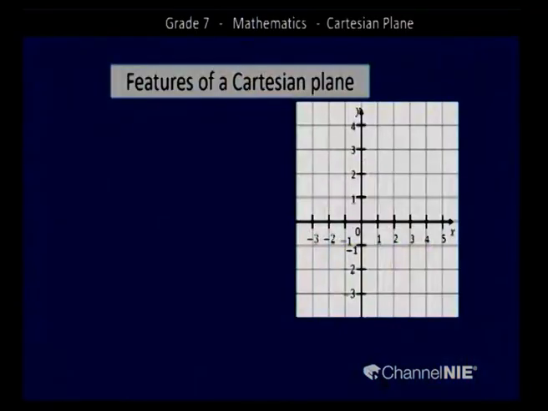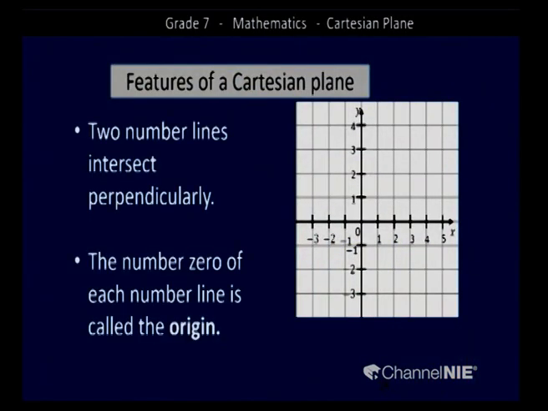At the beginning, I thought of telling you the features of a Cartesian plane. Right. We will take one by one. In a Cartesian plane, we have 2 number lines that intersect perpendicularly. Perpendicularly in the sense that when you observe the intersection point, you can see the angle of 90 degrees.